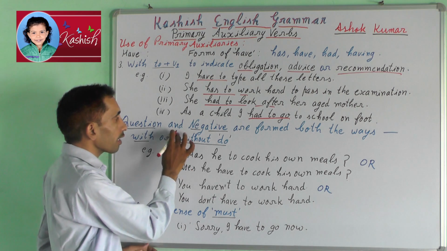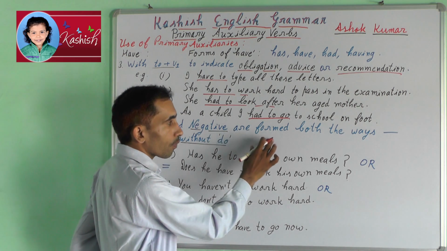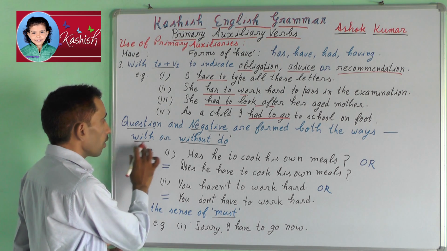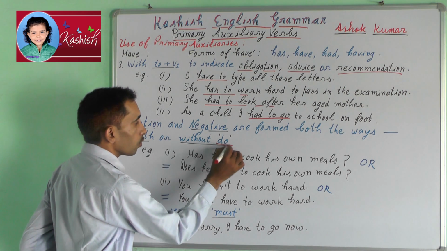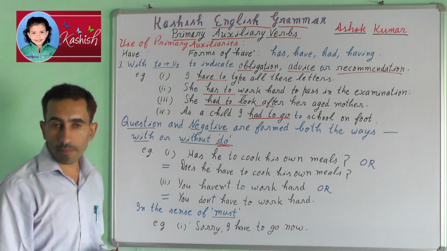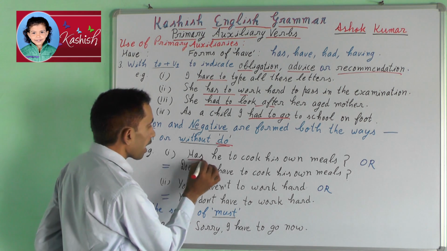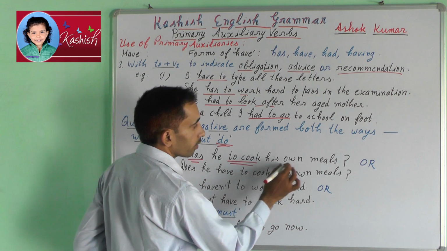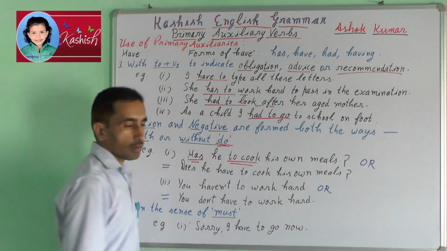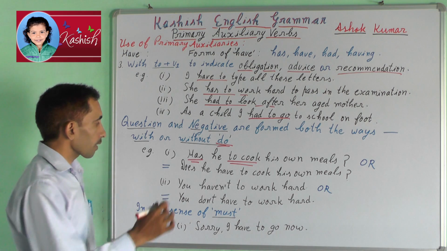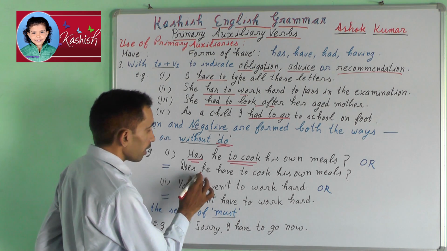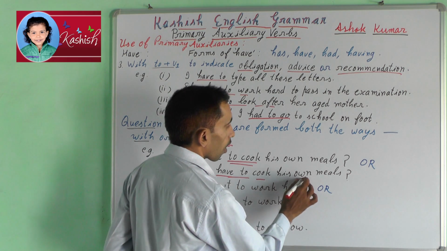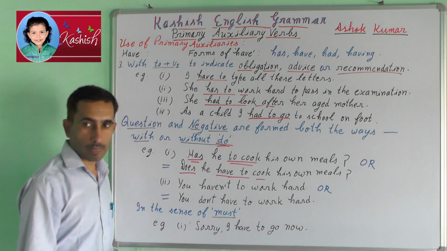Question and negative are formed both ways, with or without do. For example, has he to cook his own meals? Or does he have to cook his own meals?